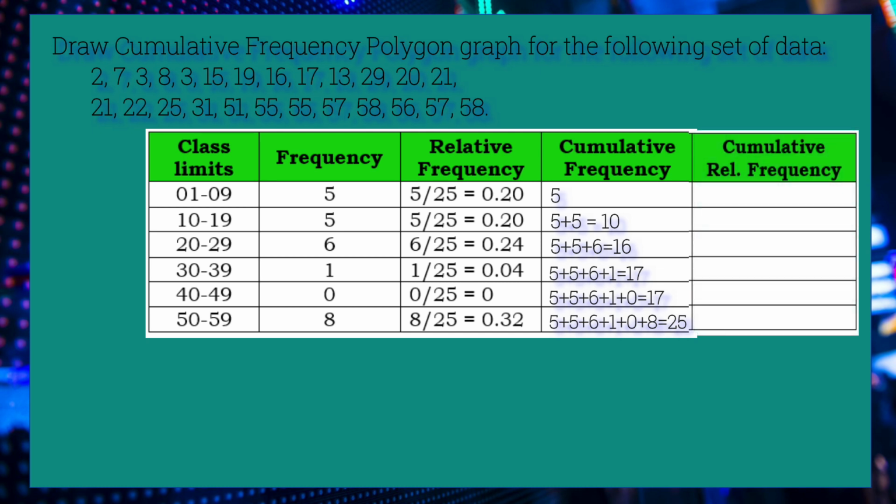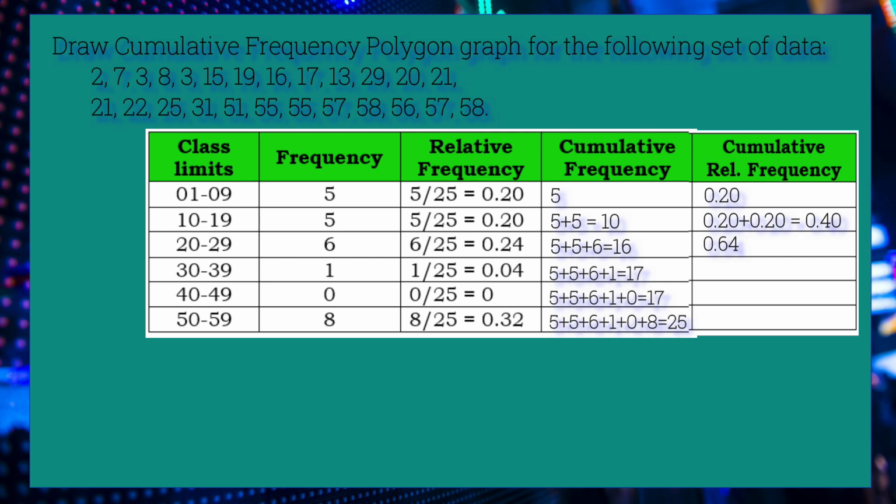For the first row, we have 0.2. The second entry is the sum of the first row and the second row in the relative frequency column. 0.20 plus 0.20, we get 0.40. And the third entry is the sum of the first, second, and third row in the relative frequency column, 0.64.